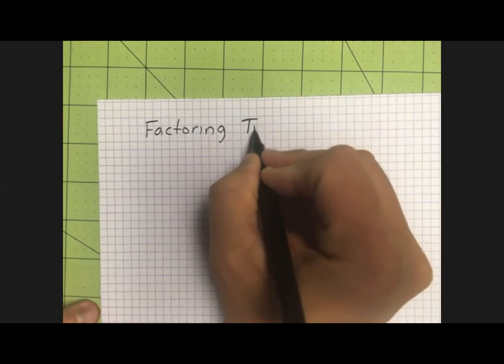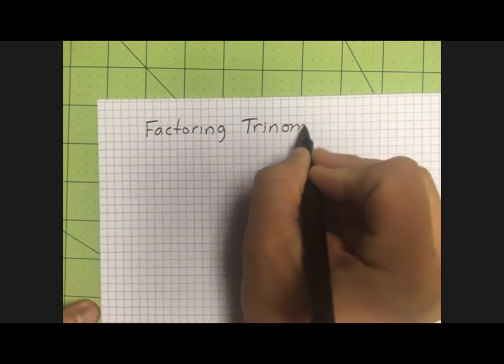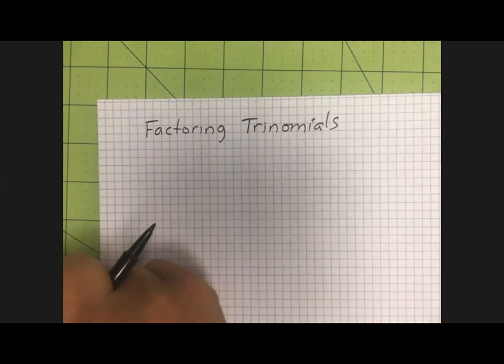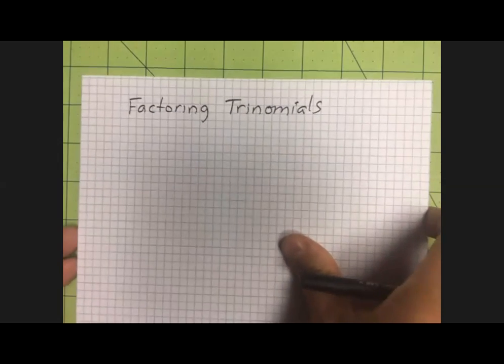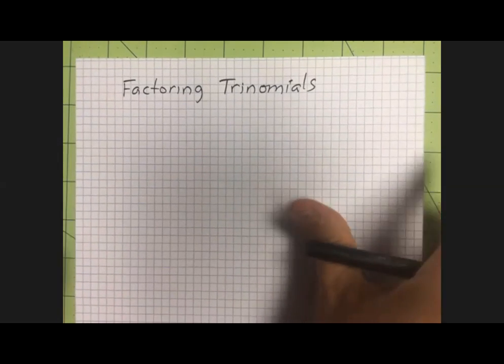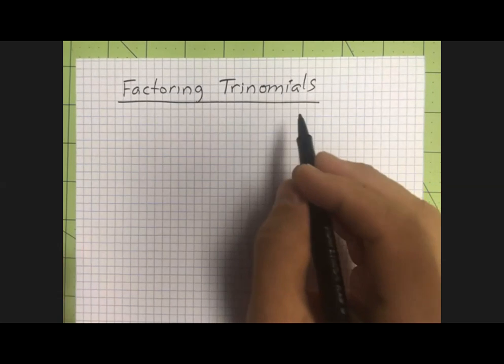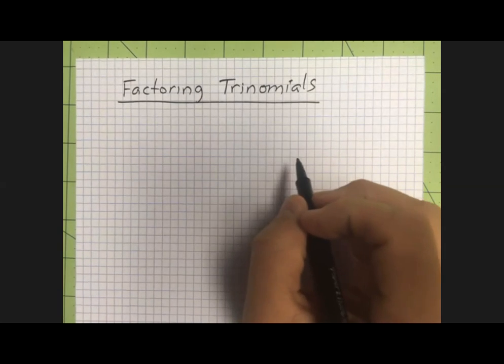So this is called factoring trinomials. This is the part where people are usually not super sure of themselves. Like they always say, how did you see that? Or I didn't see that. Let's try it out.